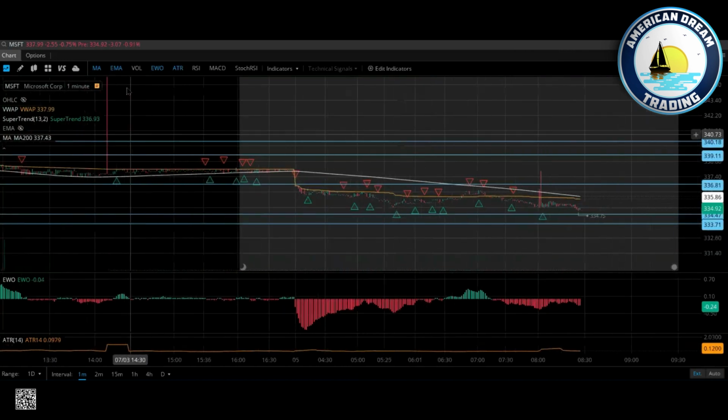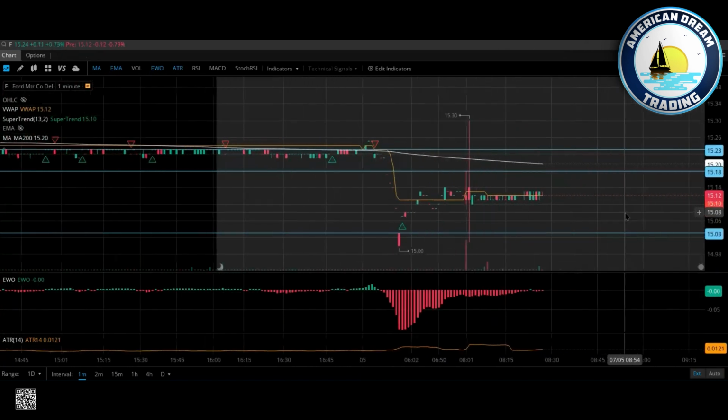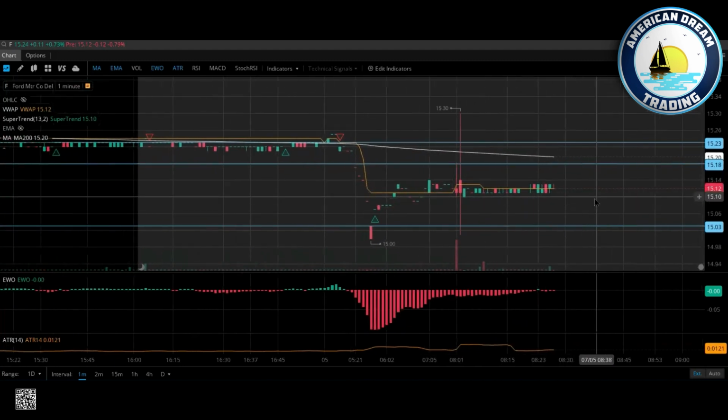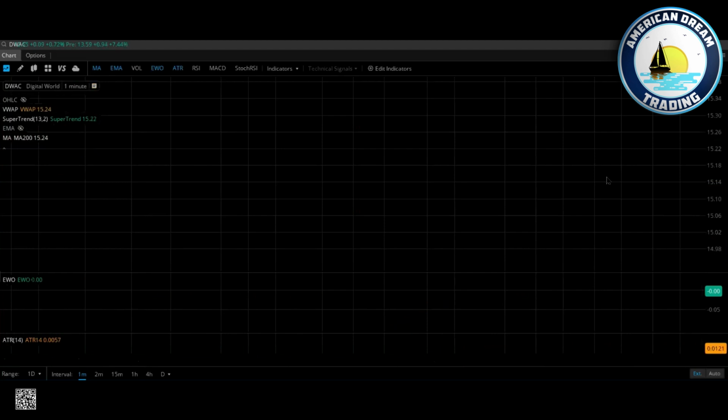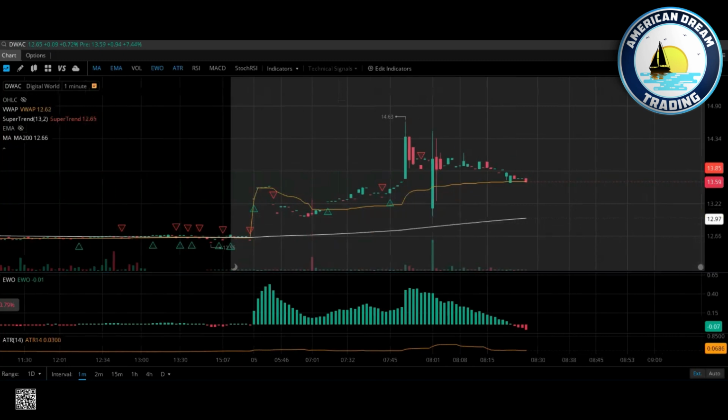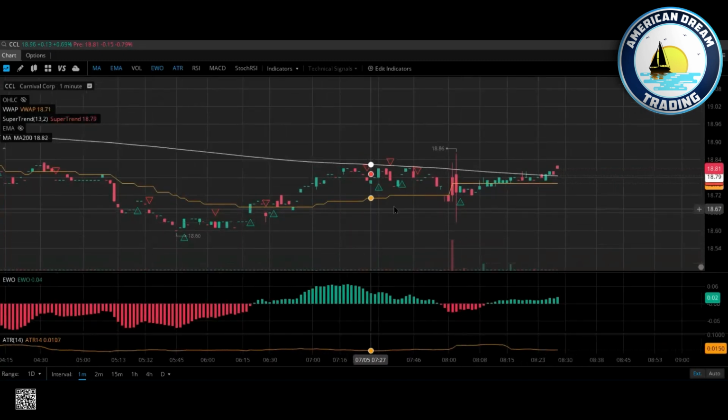Now, by using this method, Ford is tough because it doesn't really move. Something like Ford would be very hard. What's this? 21K. Okay, that's not doing anything yet. Carnival is a little bit harder too, but you can do it.